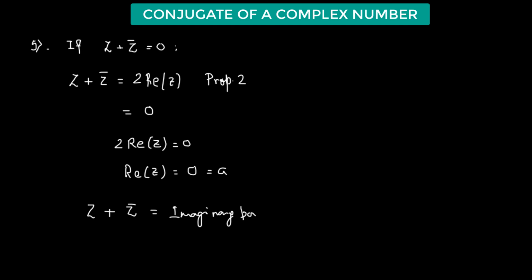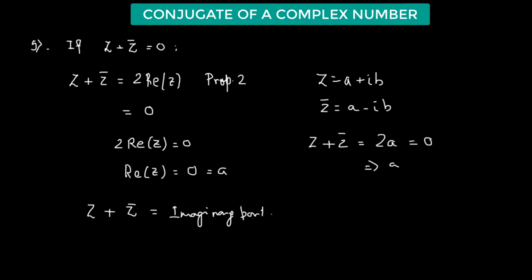So let's check what the value of this imaginary part is. We consider Z is equal to A plus iB, and its conjugate will be A minus iB, and we are going to add both of them, which gives us twice A. And they're saying that this value is equal to 0, which implies A is equal to 0.